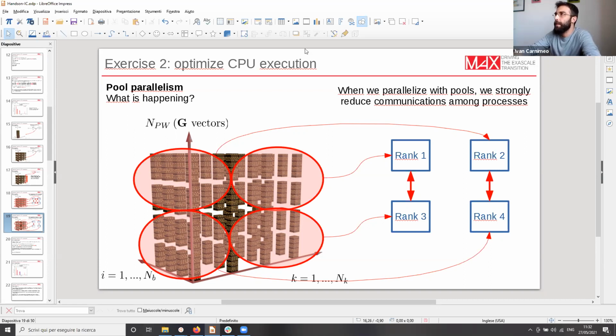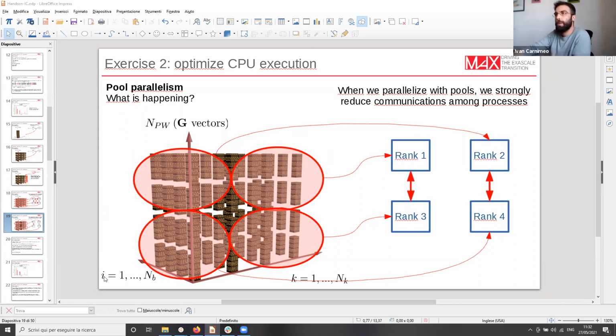So please raise your hand when you have finished this M-pool parallelism. Okay, a few of you have.